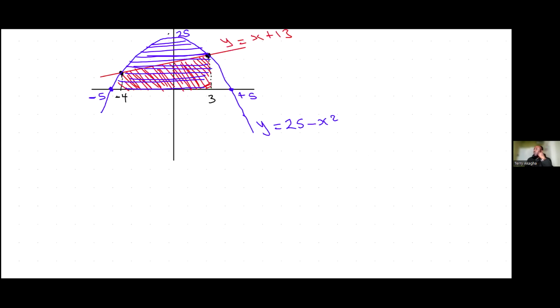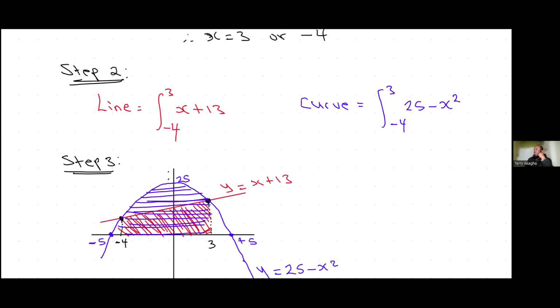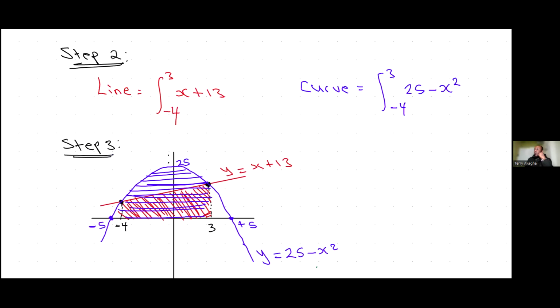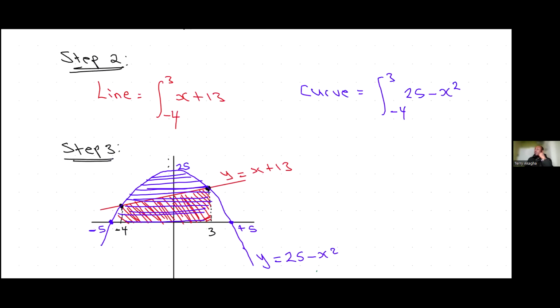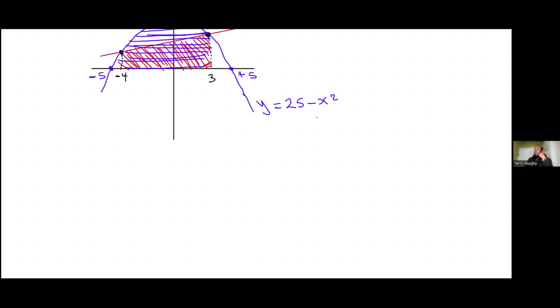I'm going to integrate the curve first, which is the purple one, which is going to give me all these points here. Then I'm going to integrate the red one to give me this part below. Then to get the upper space that has been enclosed, I'm going to subtract both of them in step 5. Okay, so step 4.